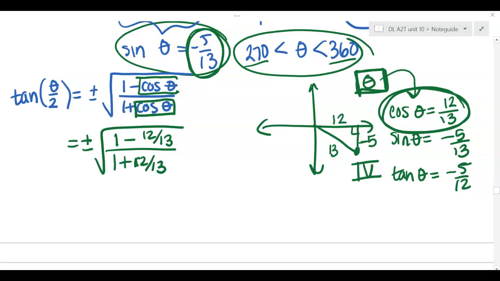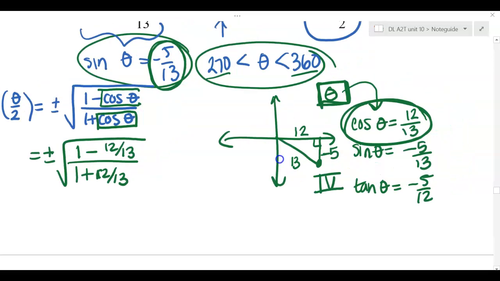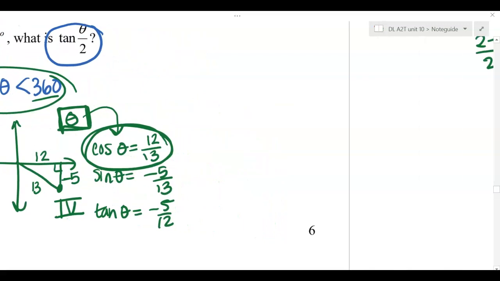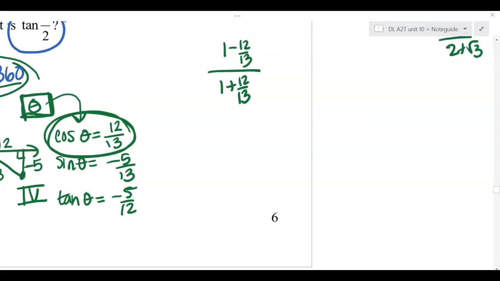Again, I'm going to go off to the other side and work out the arithmetic because it just requires some fraction math. In the numerator, you have 1 minus 12 over 13. In the denominator, 1 plus 12 over 13. If you want to combine these, you need one fraction. So I'm going to change 1 into 13 over 13, so the numerator looks like 1 over 13.